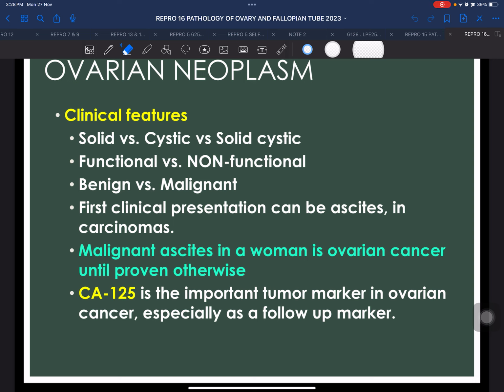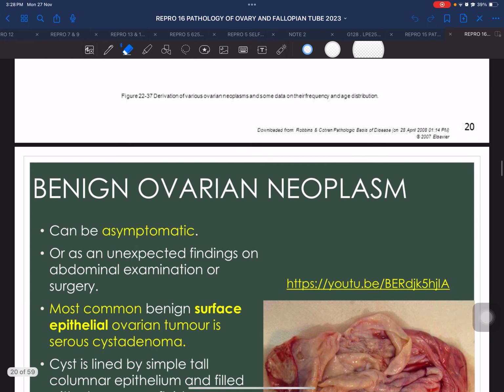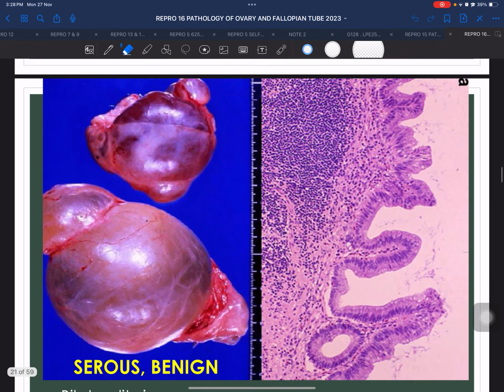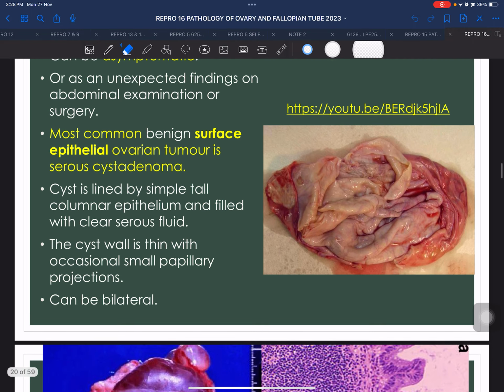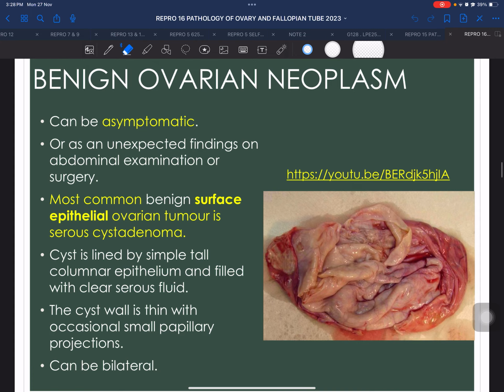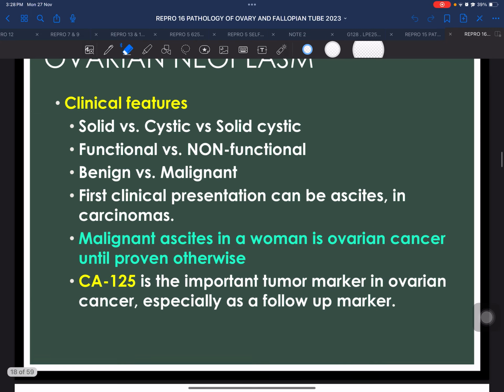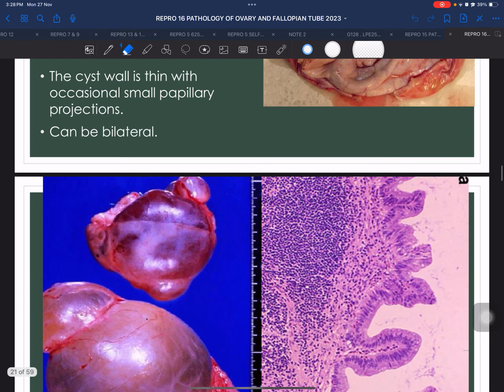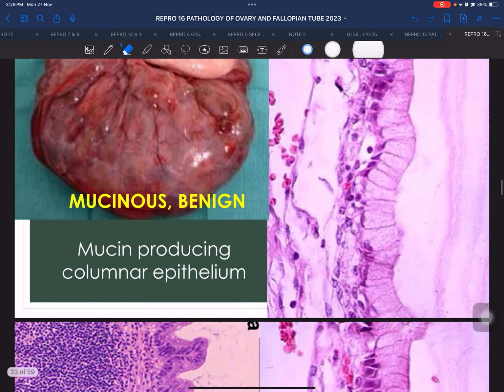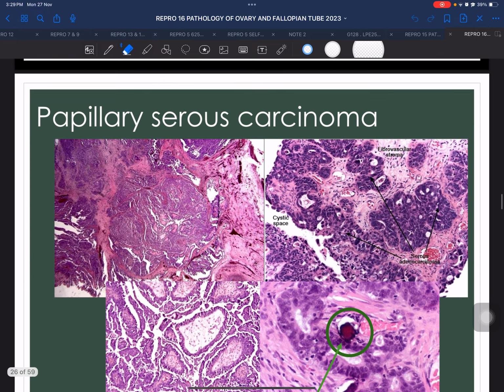Okay, so benign lesions are usually cystic, so we call it cystadenoma. Okay, and the malignant ones can become solid or solid and cystic, and usually they are in the form of an adenocarcinoma. Alright, and some ovarian tumors fall into a progression: a benign, intermediate, and malignant category.